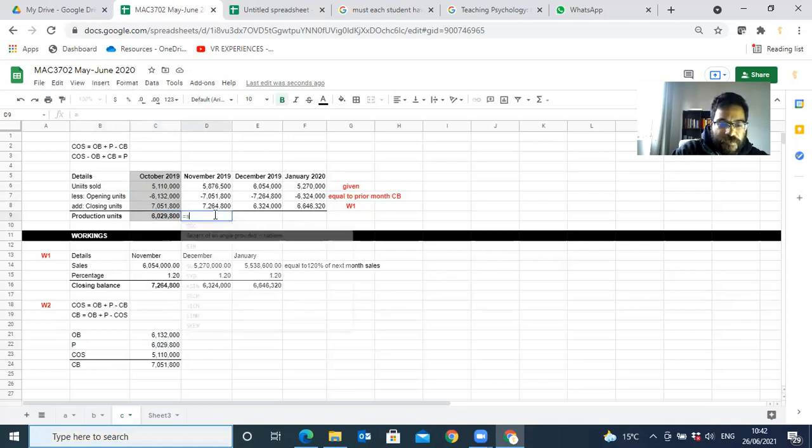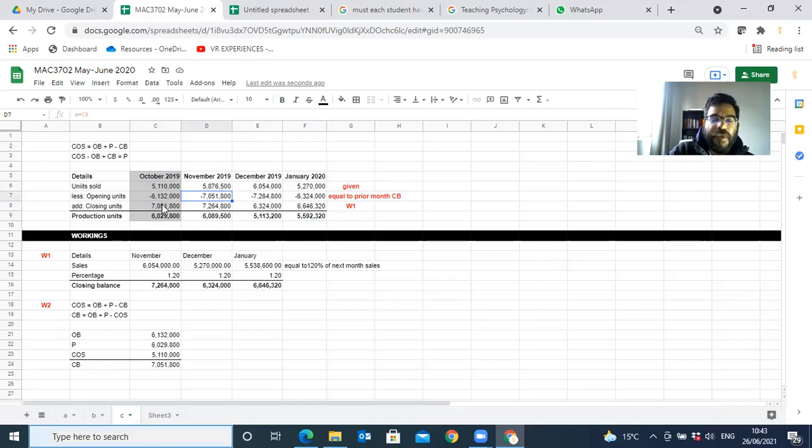So basically, units to be produced each month would be as follows. I just wanted to show you, this is the way I would have calculated October's closing inventory. Okay, because we need October's closing inventory to get November's opening inventory. So this is how I would have calculated it as per normal.